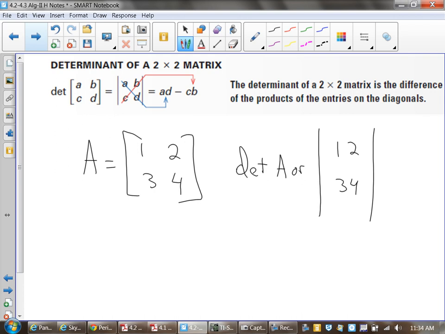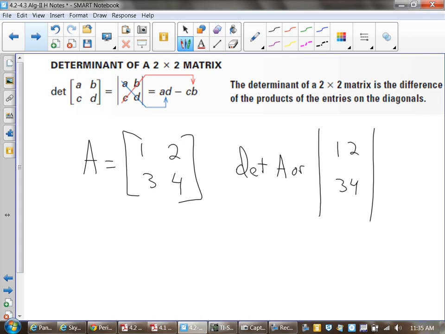Now, what occurs here is that you are working with the diagonals within the matrices. When we're looking at a 2x2 matrix, it's really simple. There's only 2 possible diagonals. You've got a downward diagonal and an upward diagonal.